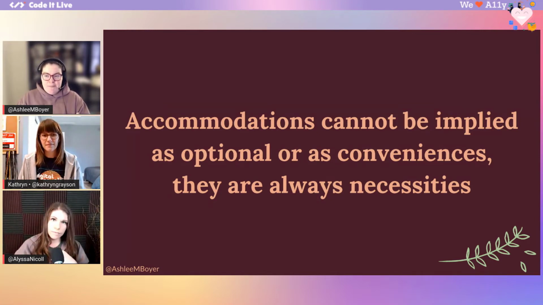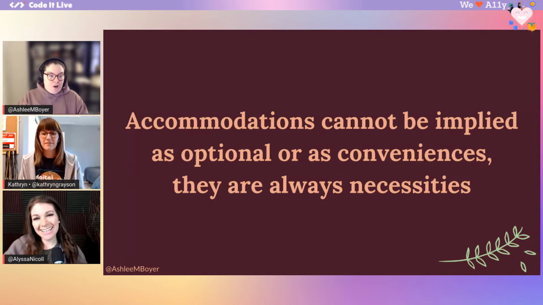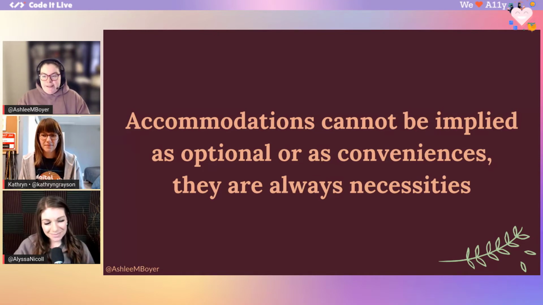To provide an example, in the physical offline world, ramps and elevators are not just preferences for people who cannot walk upstairs. They are necessary because if you cannot physically go to an upper level, you cannot go to wherever this place is that you wanted to go to. A lack of accommodations is a barrier, irregardless of whether or not someone has figured out a workaround for the barrier. Because if you didn't already know, disabled people are very resourceful.